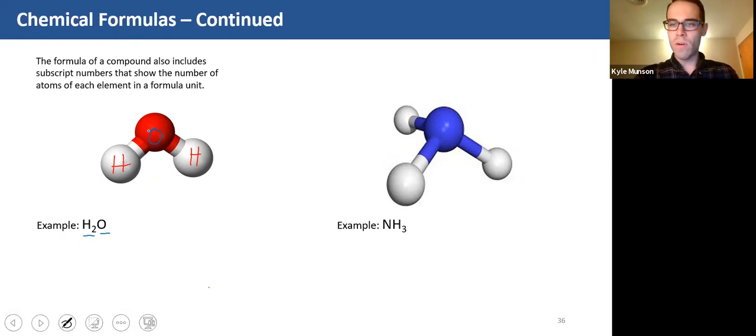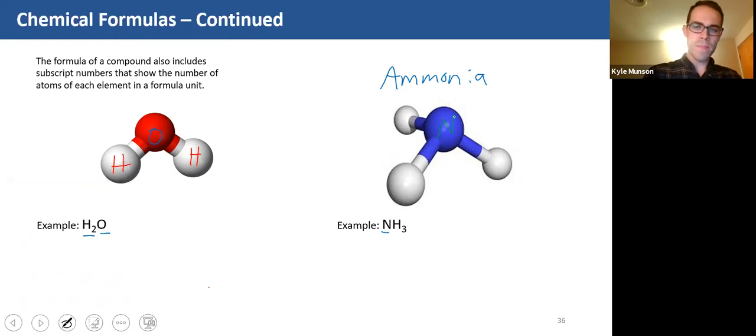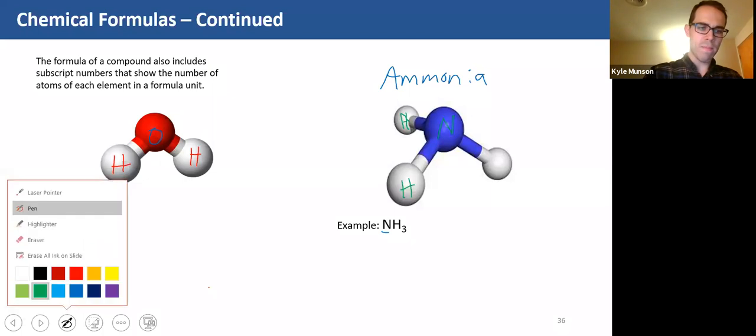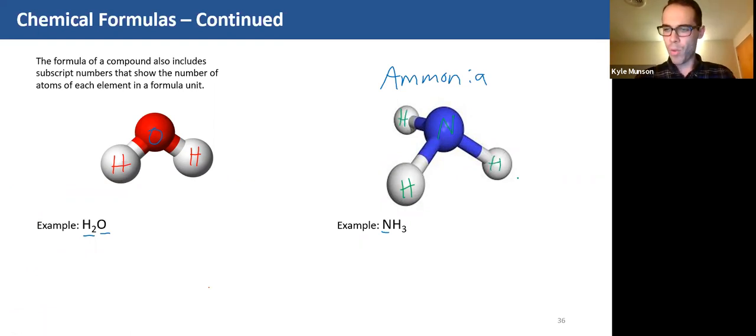Over here for another molecule, NH3, which is ammonia, we'll see that it's saying I have 1 nitrogen, which is here, and 3 hydrogen.